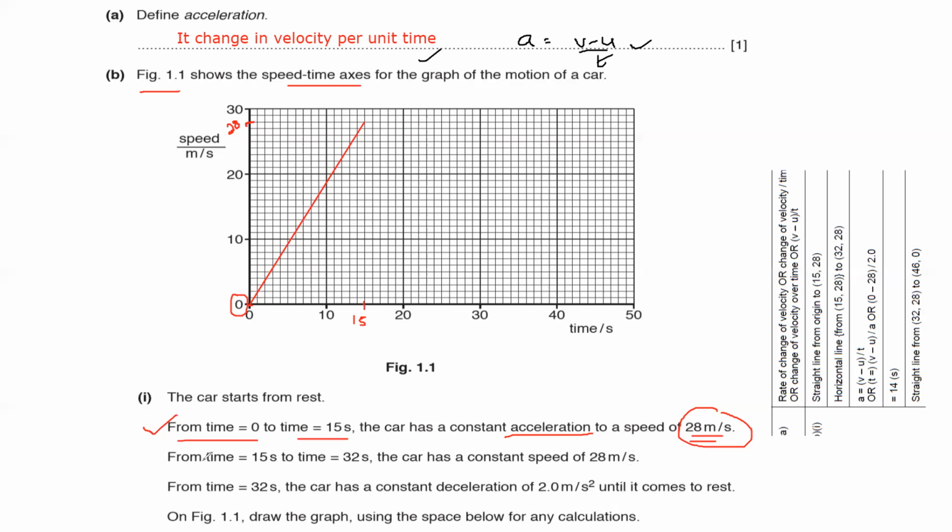Constant speed means a horizontal line in a speed time graph. So when time is equal to 32, so this is the time, it's 32, I will draw a horizontal line which shows that the speed does not change until 32 seconds.